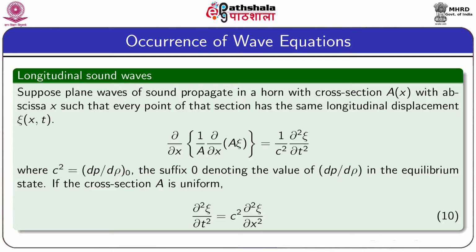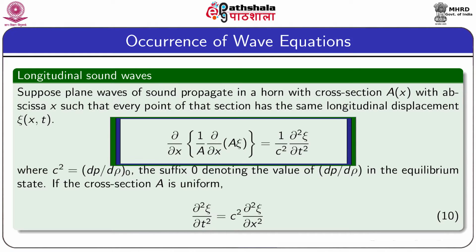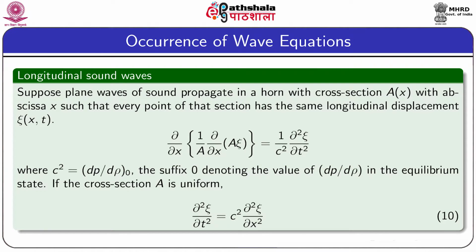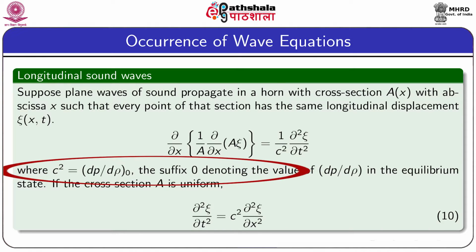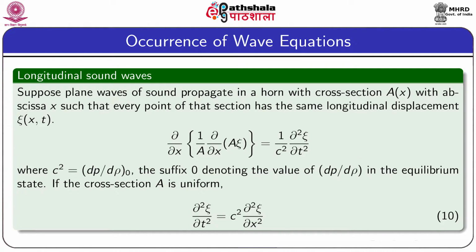Then xi will satisfy the differential equation del del x of 1 by A del del x of A xi is equal to 1 by c square del 2 xi del t square, where c square equals dp d rho at 0. The suffix 0 here denotes the value of dp d rho in the equilibrium state.